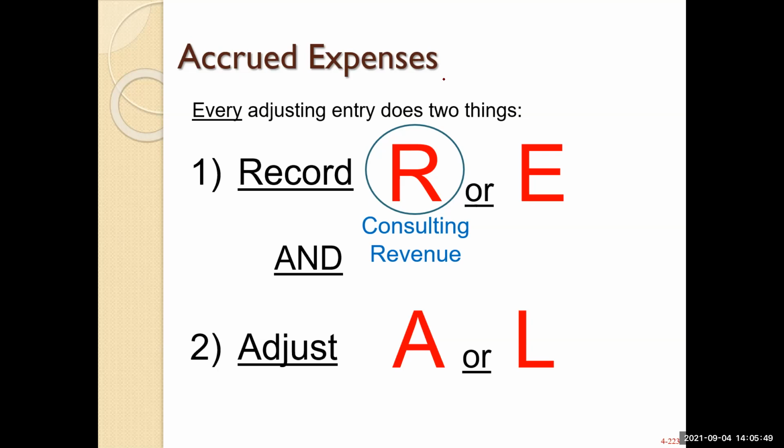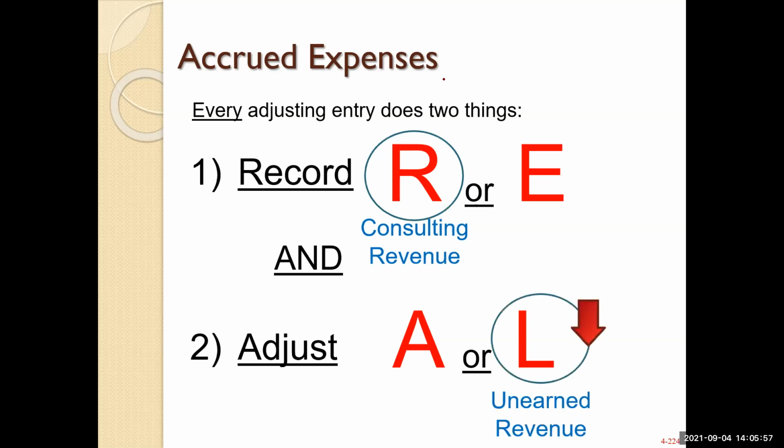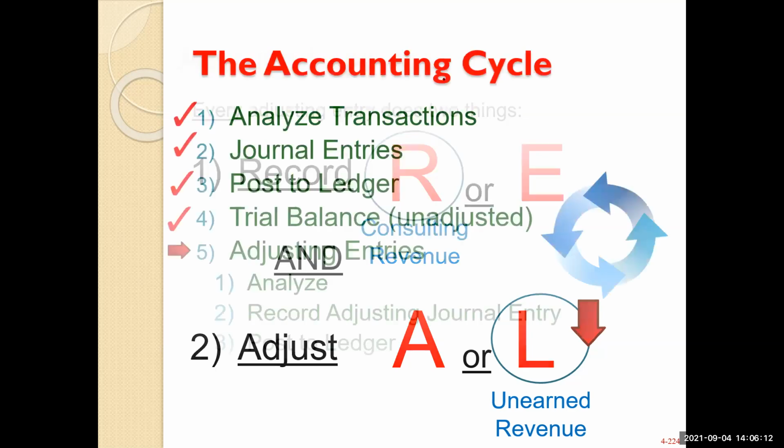So there's not anything physical really changing hands there. But still, at that point, we've done the work, so we've earned it. And then our liability is decreasing, okay, because what we owe them, we've already given them 1 month of service, so we don't owe them 3 anymore, we owe them 2. So the liability or debt is going to go down.